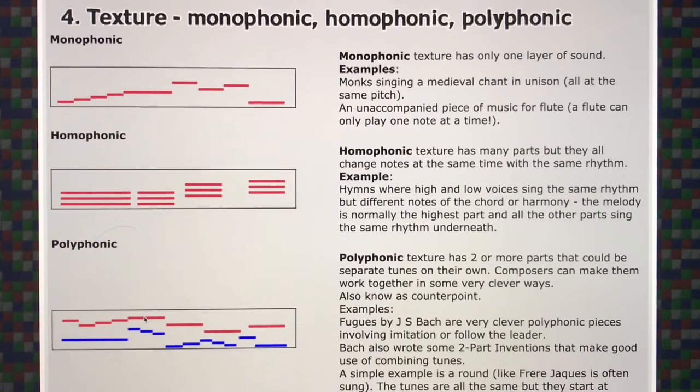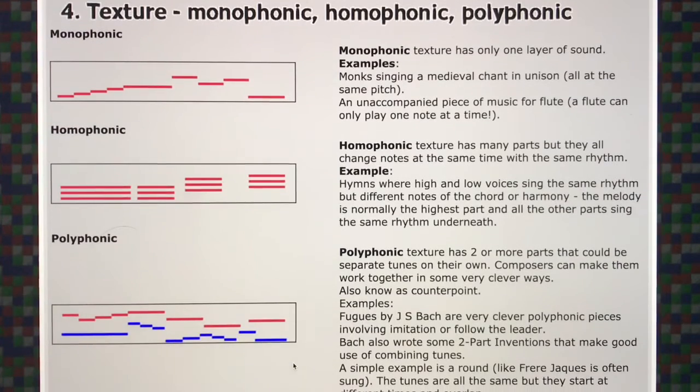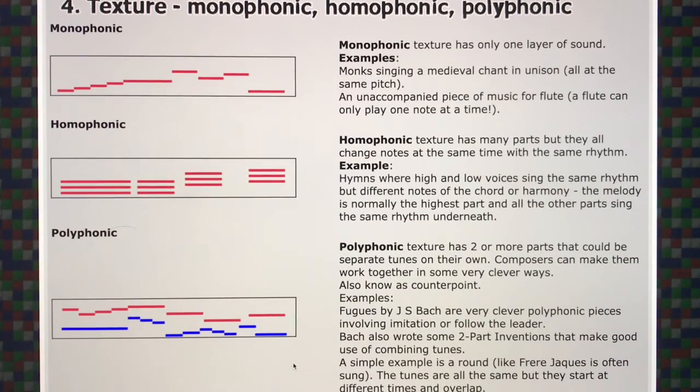So now we have a long note in the red and shorter notes in the blue, and that kind of carries on and mixes up throughout the piece, and those notes all work together. Those are some of the clever ways that composers can create interesting polyphonic music.